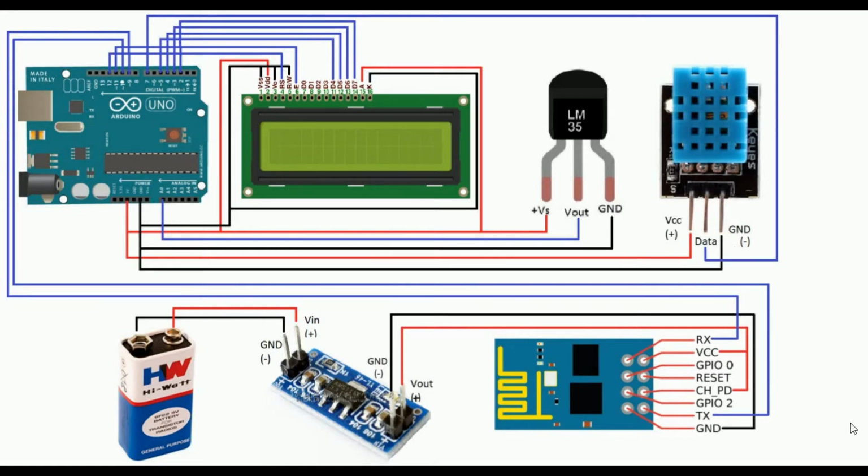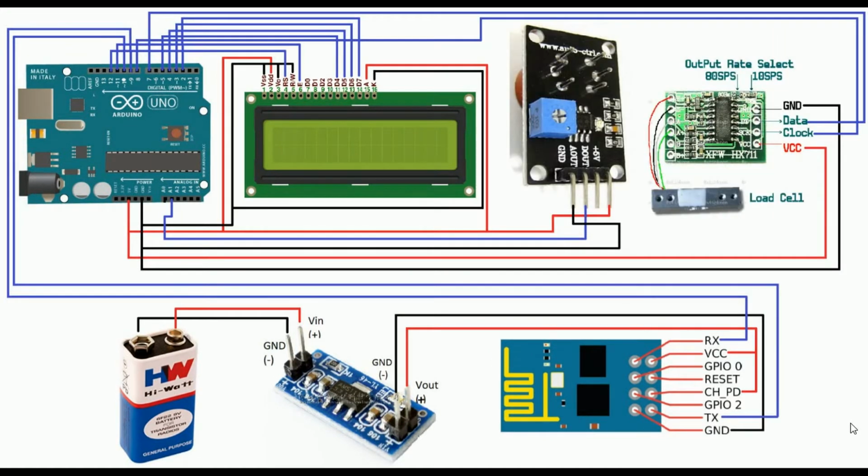Since the Wi-Fi module we are using is an ESP8266, it can handle only 3.3 volts, not above or below. There is an LCD screen for displaying the data, and here are the connections. The temperature and humidity values are collected and shown on the LCD screen, and along with that the Wi-Fi module can also be used.